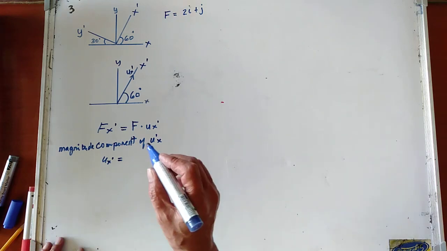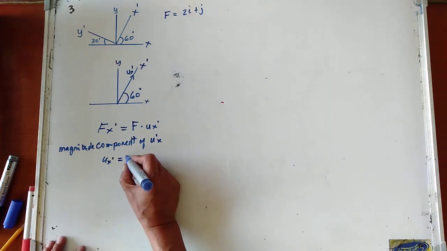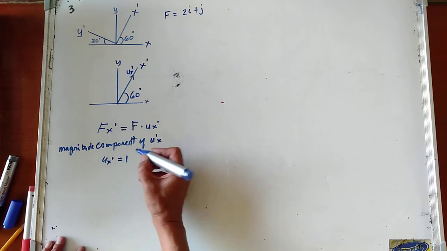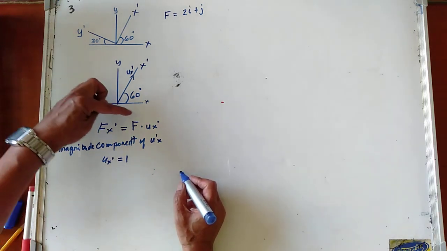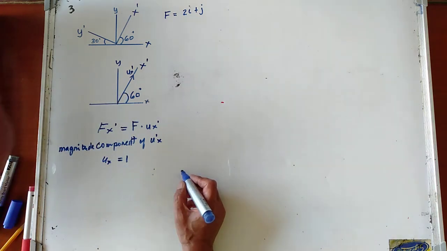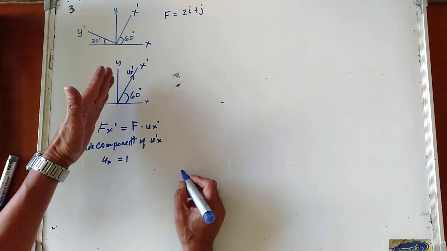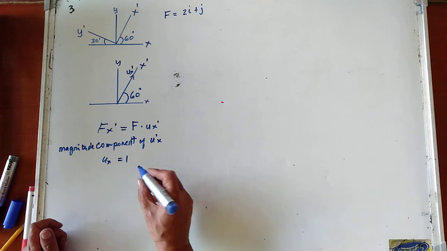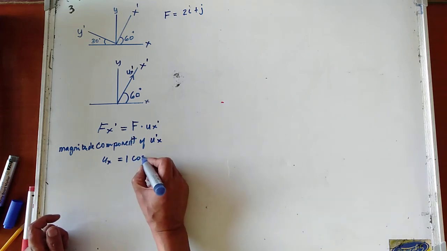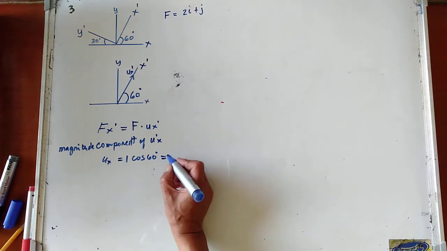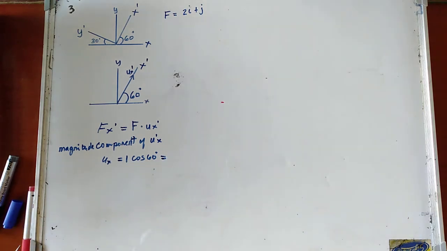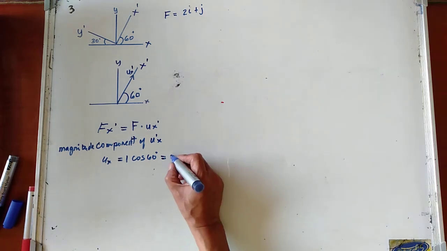The component in the direction of x is 1 times cosine of 60 degrees, which is equal to 0.5.